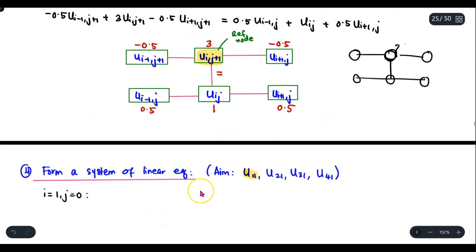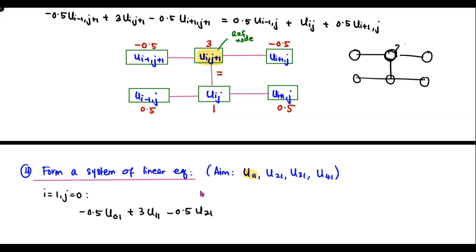By our molecule diagram, when i equals 1, j equals 0, we end up with negative 0.5 u01, since i minus 1, j plus 1, so u01, plus 3 u11, minus 0.5 u21. That is on your top molecule here, which corresponds to the left expression of this equation.